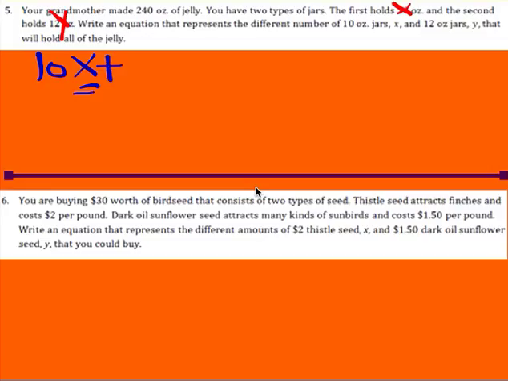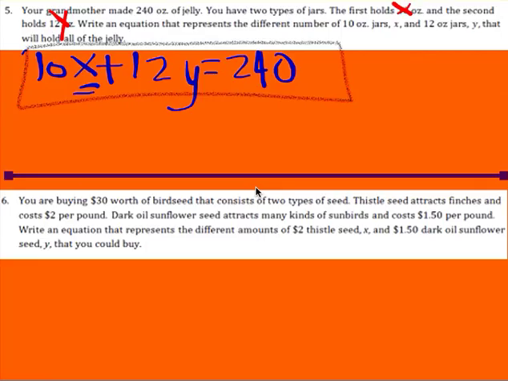And for the number of Y 12-ounce jars we have, it's going to hold 12 ounces. Now that needs to be equal to 240. So this is all you have to do for that problem. That's your answer. So you have 10x plus 12y is equal to 240. That is a linear equation because it's written in standard form. Standard form doesn't make it not linear.